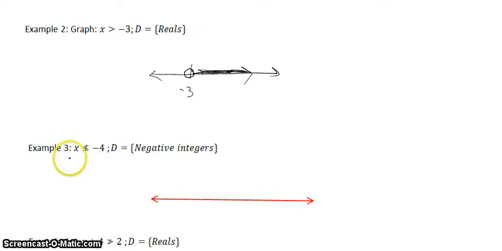Now the next example, we have x is not, that's what that line means, less than or equal to -4. So if x is not less than or equal to, x must be greater than -4. And then we have our domain of negative integers.